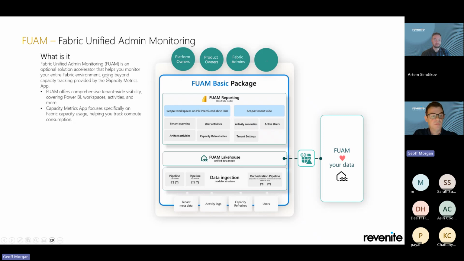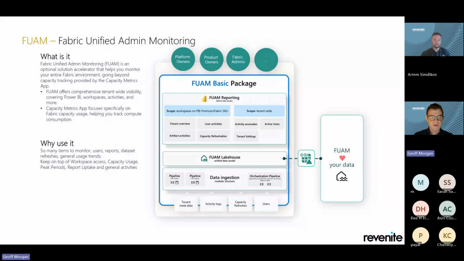You don't have to install it, but it helps you monitor your entire Fabric environment going beyond just the normal capacity metrics app. So the capacity metrics app really focuses on just your capacity usage and your compute consumption, whereas FUAM really has a look at your tenant metadata, your activity logs, your capacity refreshes, and what's going on across your entire Fabric estate.